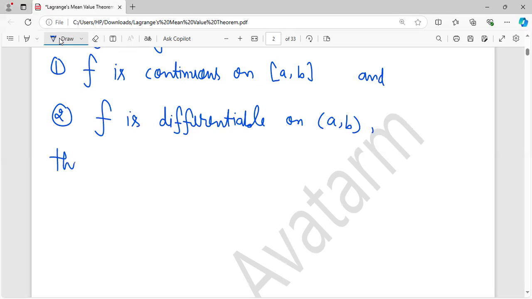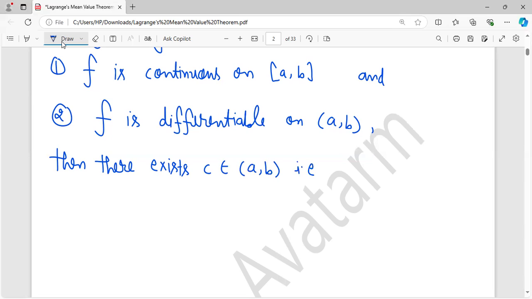Then there exists c belonging to open interval (a, b).